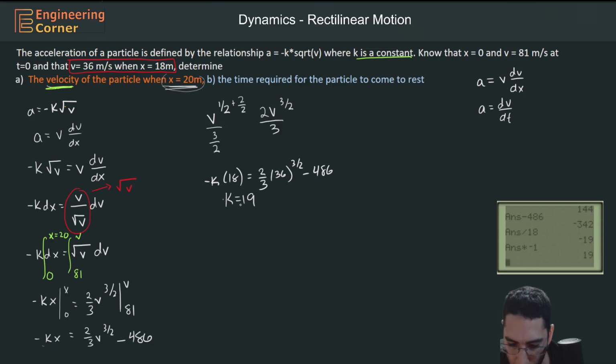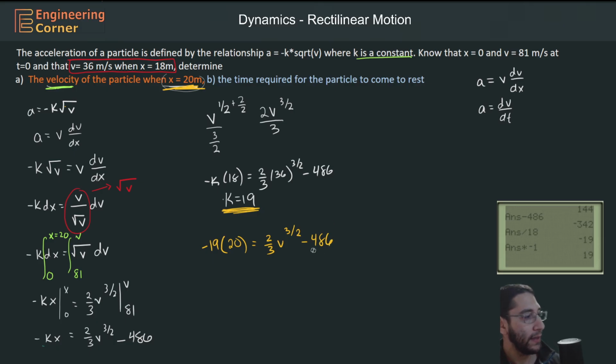So now we can do the same thing we always did. When we have k is equal to 19, we can just put it into this equation. So we'll have minus 19 times x. And we know that x, we said, is going to be 20, right? We want to figure out the velocity of the particle when x is equal to 20. So minus 19 times 20 is equal to 2/3 v to the 3/2 minus 486. We don't know what v is, so we're going to have to solve for that. So let's do that.